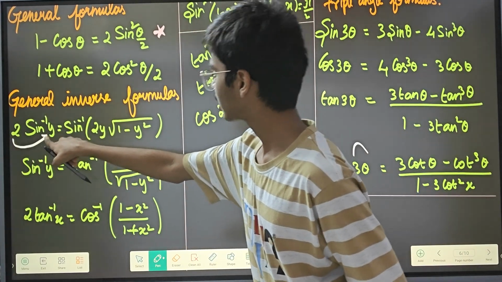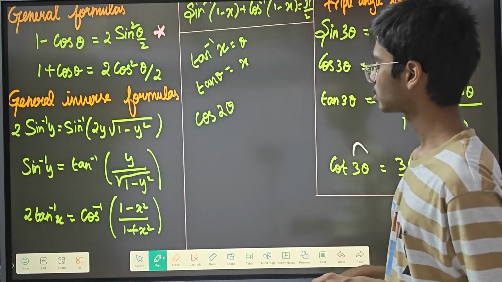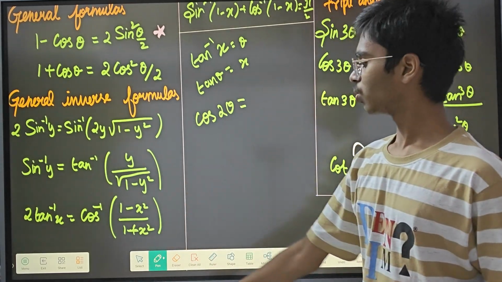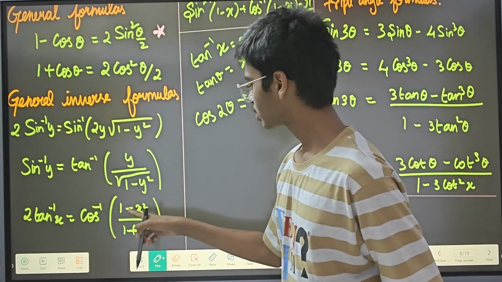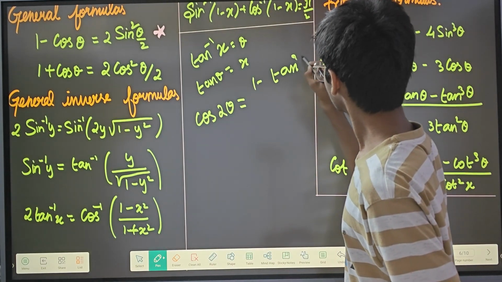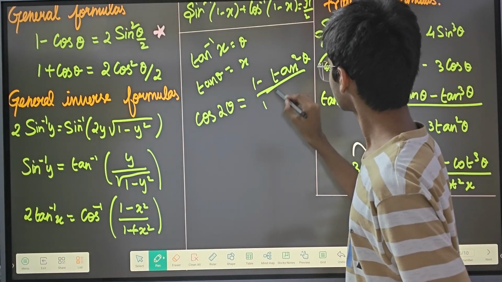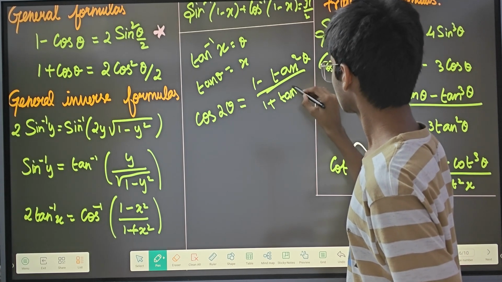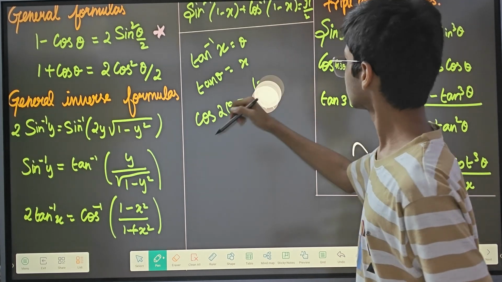This 2 will come over here and then the inverse will be cancelled out. Just now we saw that x is equal to tan theta. So 1 minus tan square theta whole divided by 1 plus tan square theta.